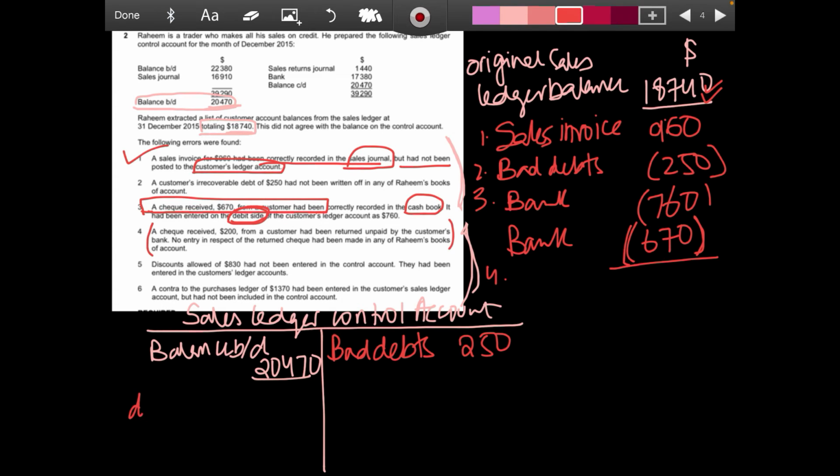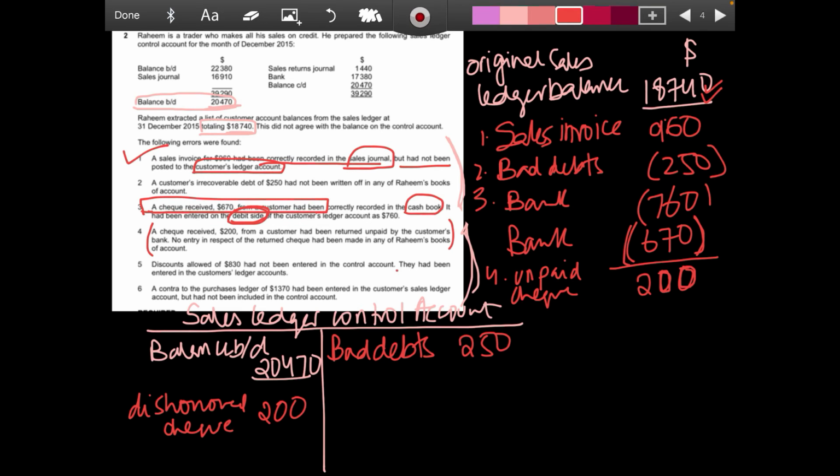A dishonoured cheque comes on the debit side. We will add the amount, because the balance is added back since we did not actually receive the payment from the customer.